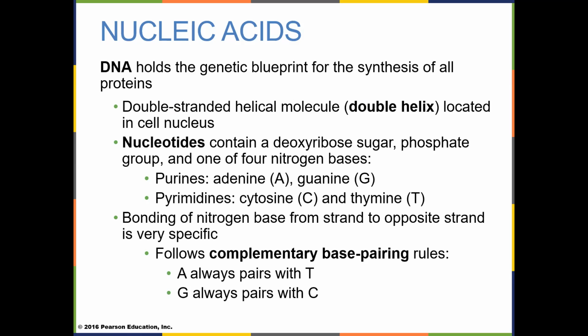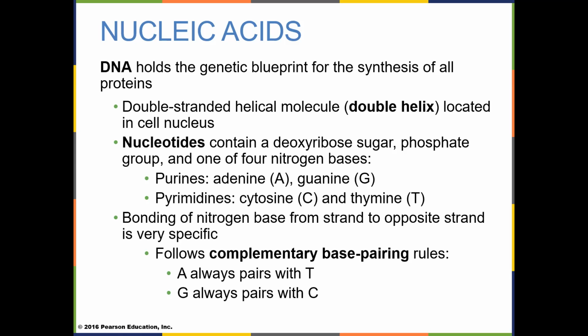Or if you imagine, take a long ladder and twist it, and if the ladder was flexible, if you could start twisting the ladder into a spiral shape, you would have 2 rings all the way around in this double helix. The nucleotides in DNA have a deoxyribose sugar, meaning it's missing an oxygen.